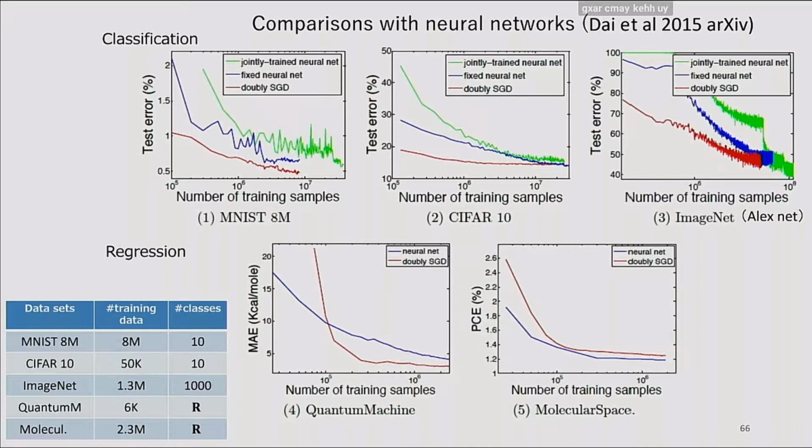In this case, the kernel method shows much better results. And in this case, neural network shows slightly better results. So these figures show that if we make a nice approximation method to handle very large scale data, the performance of kernel method and deep learning are quite comparable.